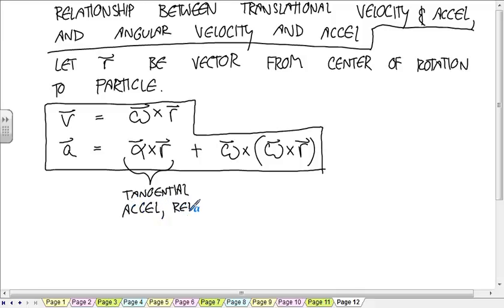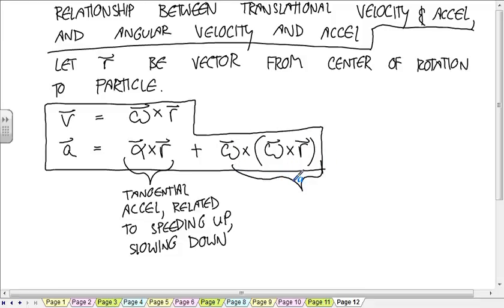That's the one related to speeding up and slowing down. And this one, omega cross omega cross r, is the centripetal acceleration.